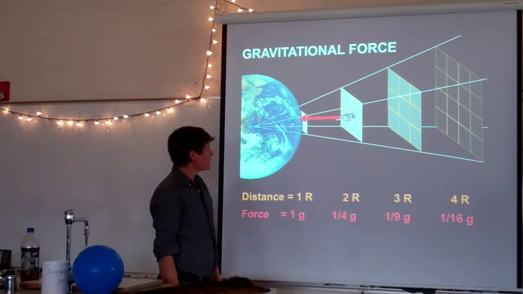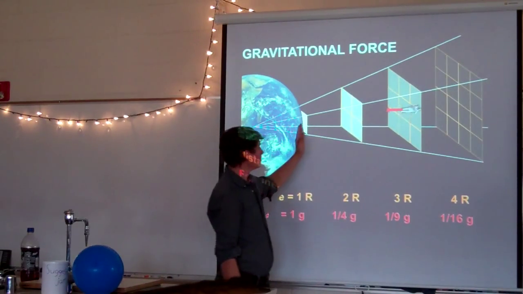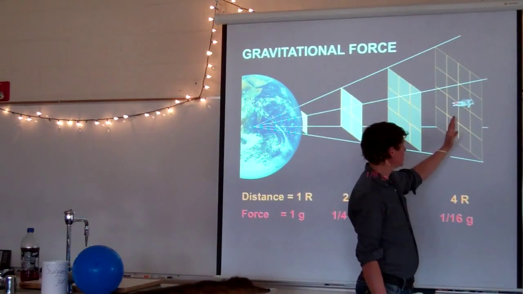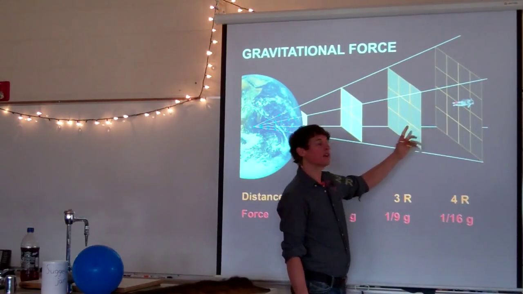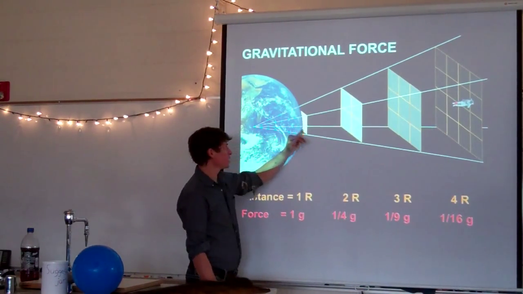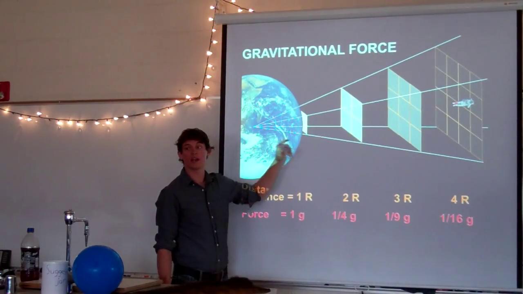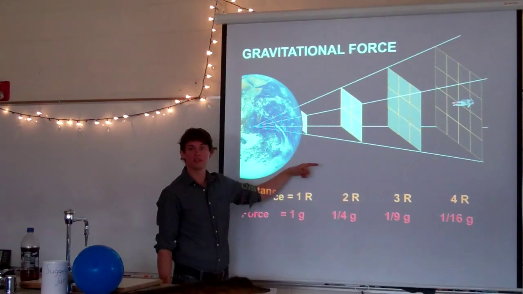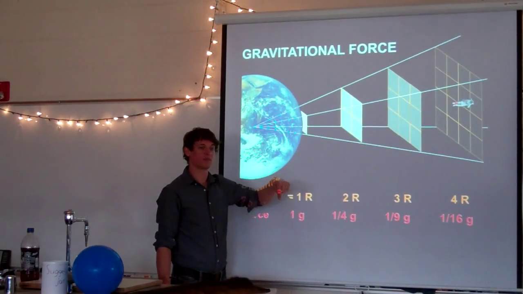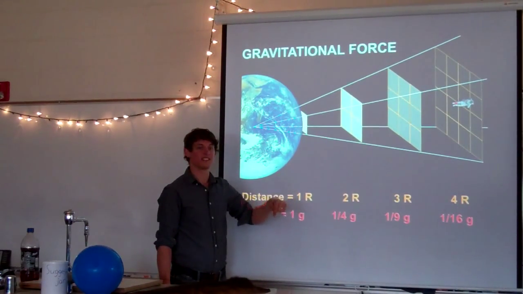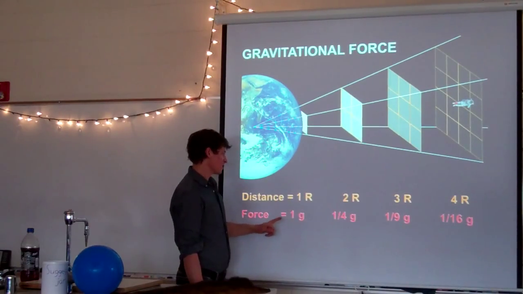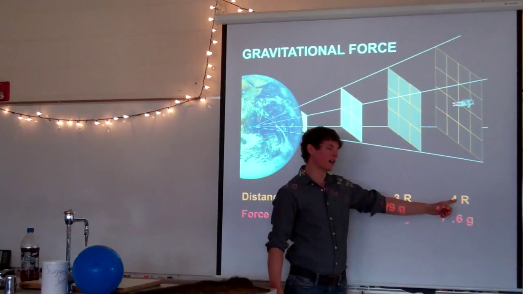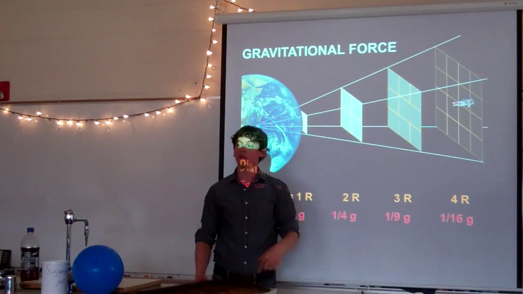We said that as the astronaut gets 1, 2, 3 times, plus we got to include the radius of the Earth as well, so 4 times as far from the center of the Earth, what happened to their gravitational force? 4 squared. It decreased by a factor of 16.